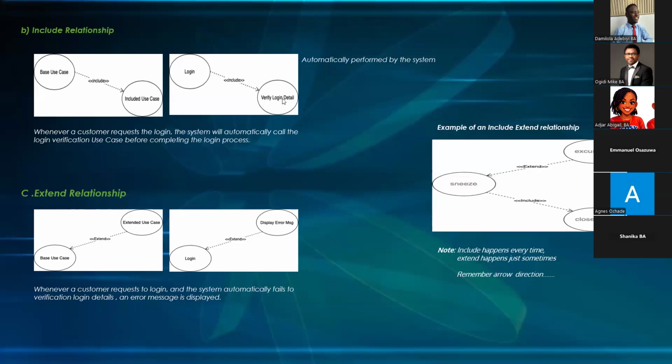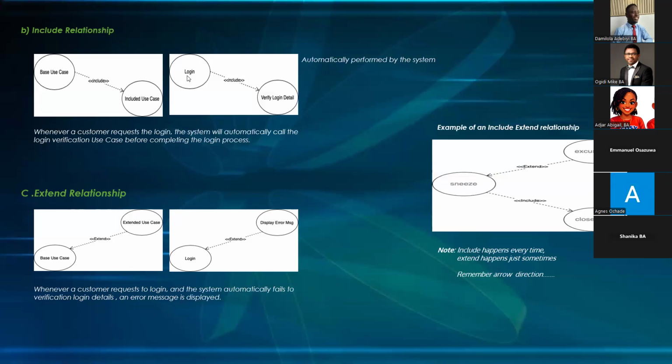The arrow points to the include use case. It's a broken arrow like this. It points to that. For an extend, remember, include always happens, and it happens automatically. Extend, you can see, it's the same process, but the extend arrow is pointing back to the base use case.